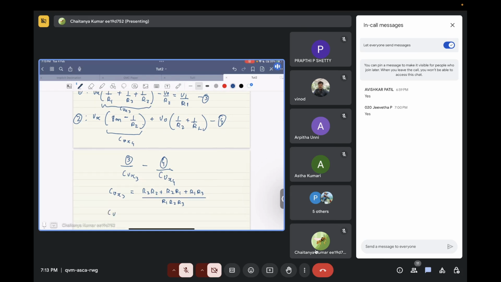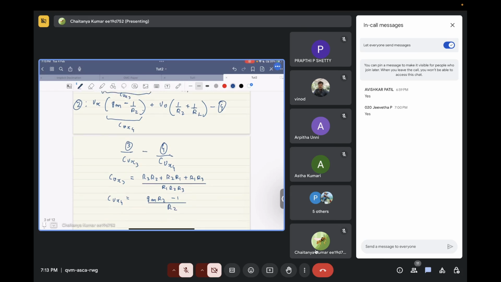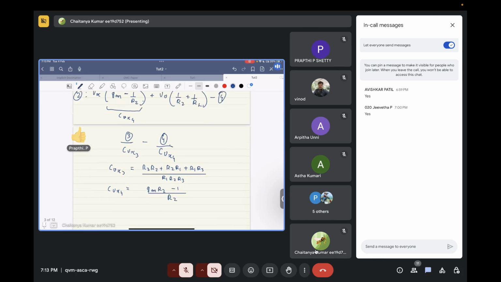And what is CVx4? It is gm minus 1 by R2. Is this clear?